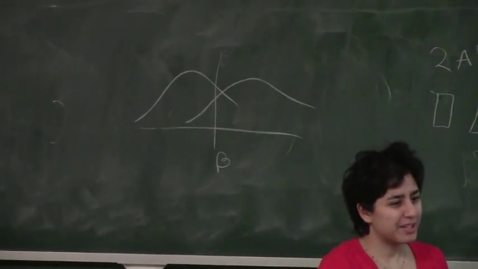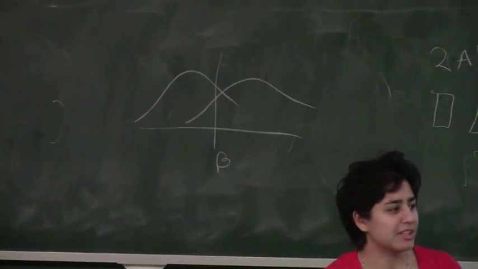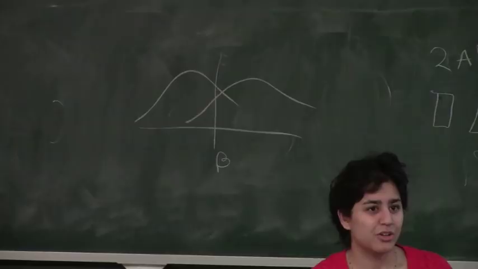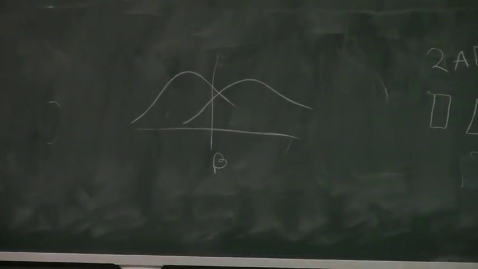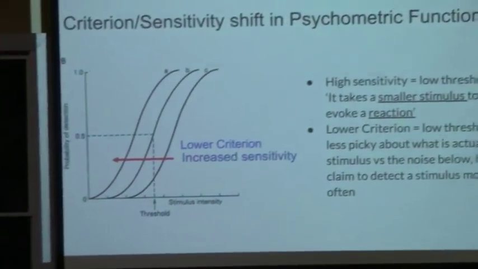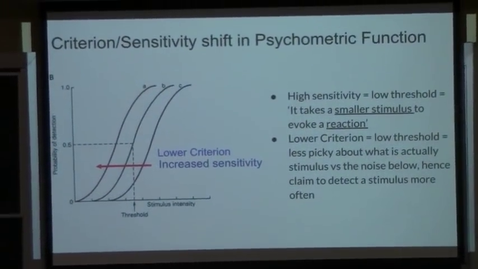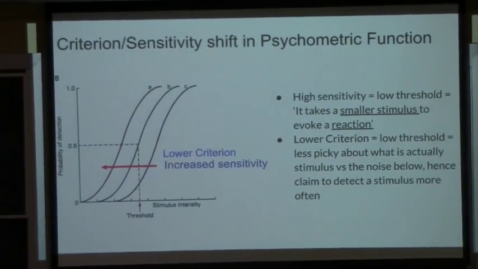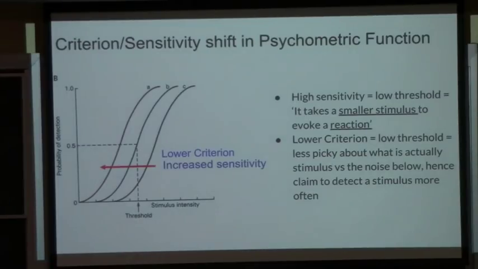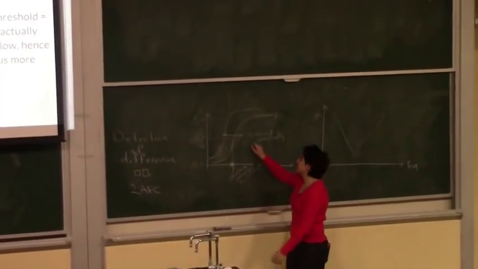If you're very picky and particular about what a stimulus is, you're going to detect it less often because you're going to be like, that didn't match all of my expectations, so that's not a stimulus. But if you're not very picky, you're going to detect it more often. So shifting that way, meaning if you are detecting it more often, that means you're less picky. That means you're lower criterion.